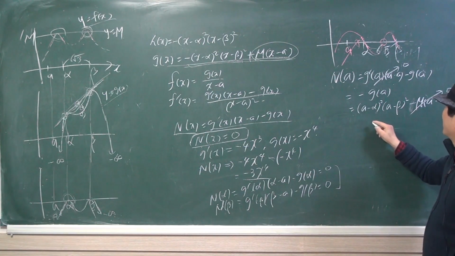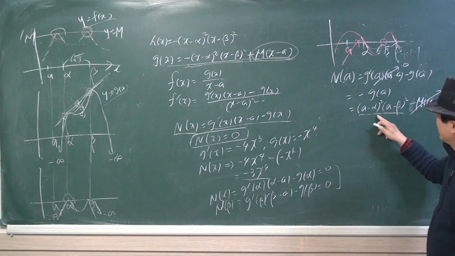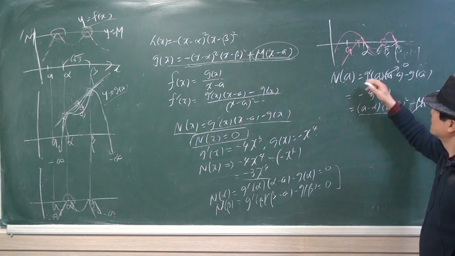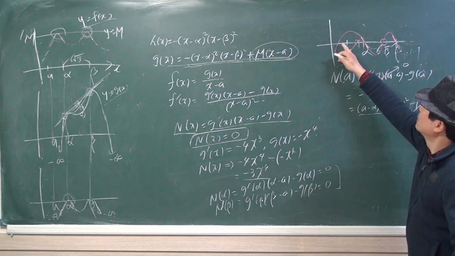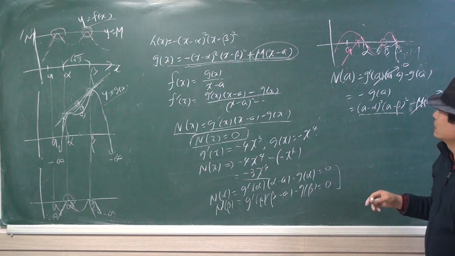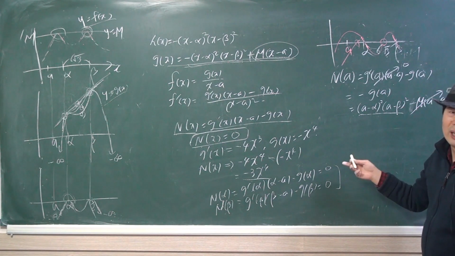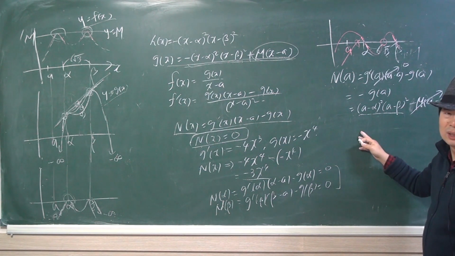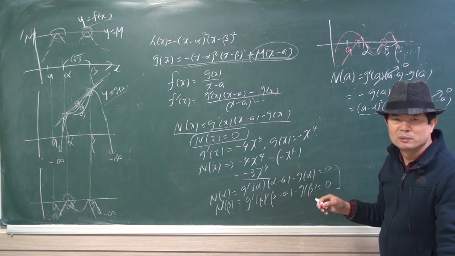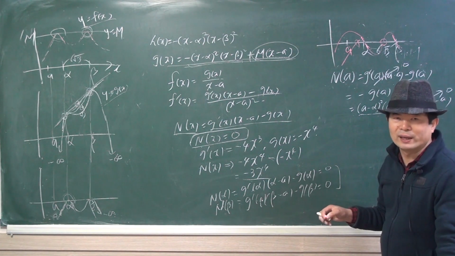So finally we can conclude n(a) is bigger than 0, positive. It means it goes over a, and we reached the result that f(x) has only 3 extremum points.